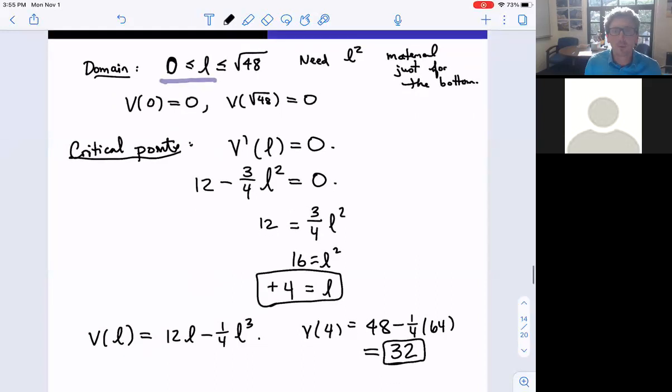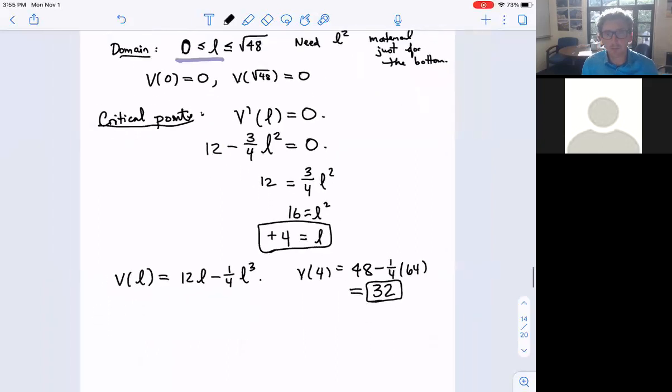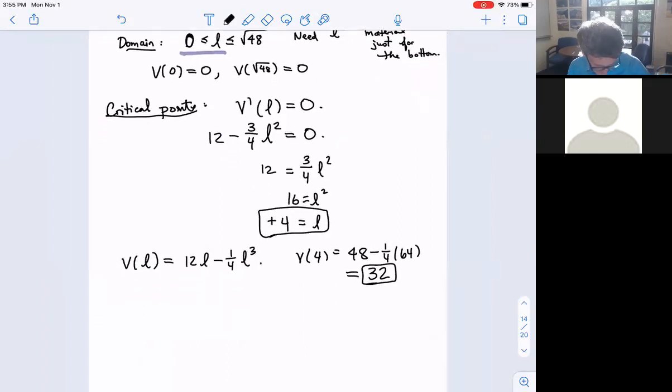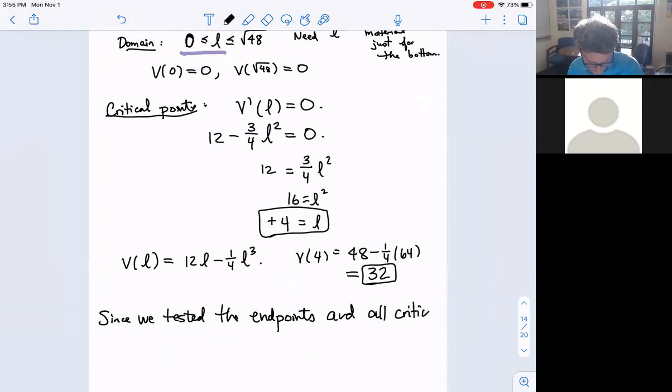And so what this shows me is that, since we tested the endpoints and all critical points, we know the maximum happens when L equals 4.